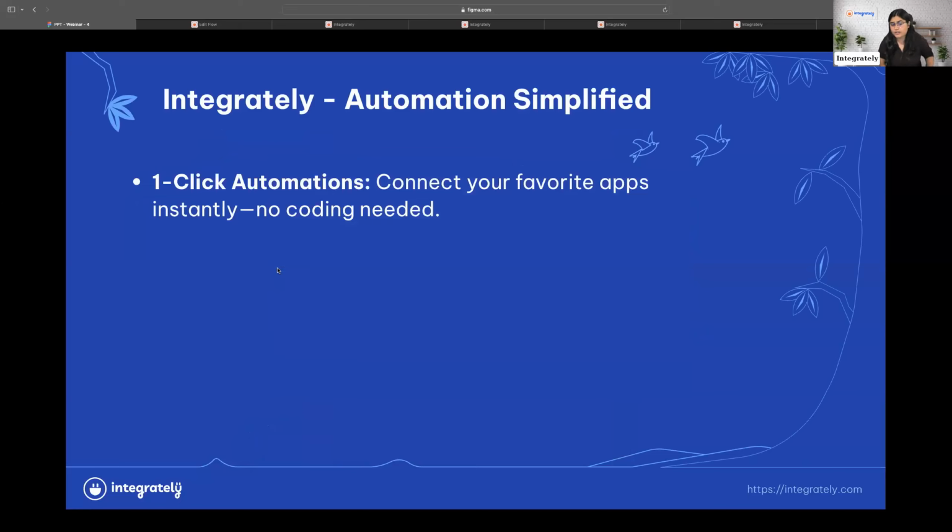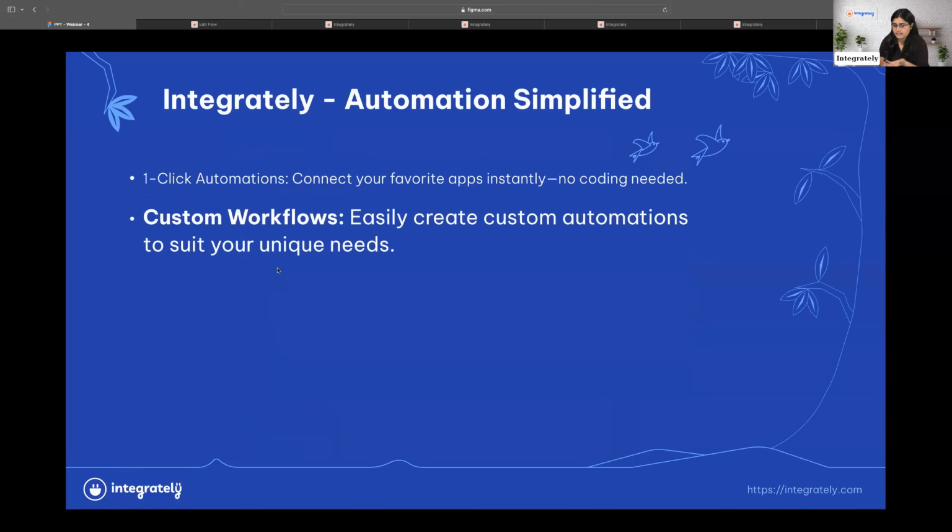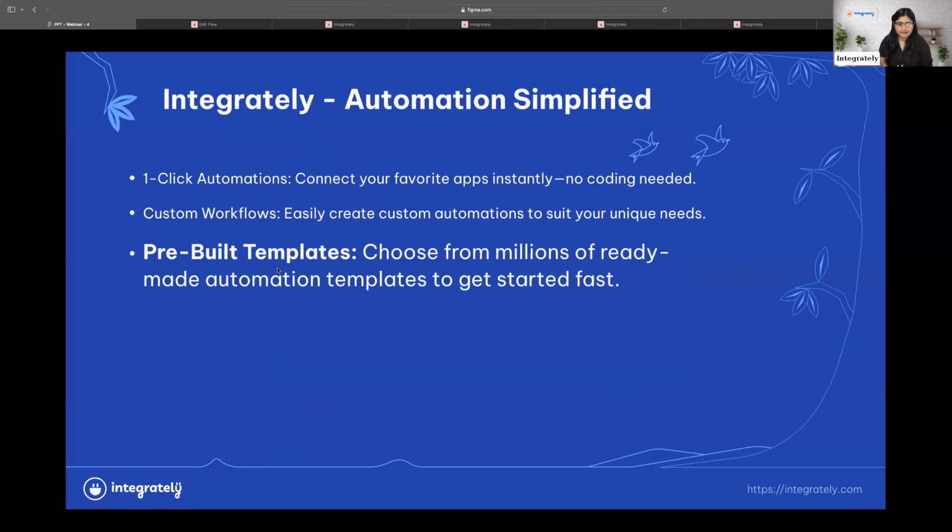So with one-click automations, you can connect your favorite apps instantly. No coding needed, no technical help needed, no going through the hassle of thinking of things. Then we have custom workflows, so you can easily create custom automation that suits your unique business needs. So every business has a unique need, and a set workflow might not work for them. So that's when custom workflows come in.